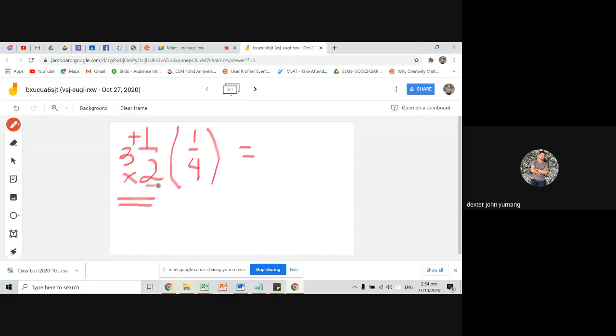Tapos kopyahin si 2 sa denominator. So 3 times 2, 6 plus 1, 7. Then, kopyahin si denominator na 2. Then, times 1/4. Yan po yung clue. Go! Finalize your answer.